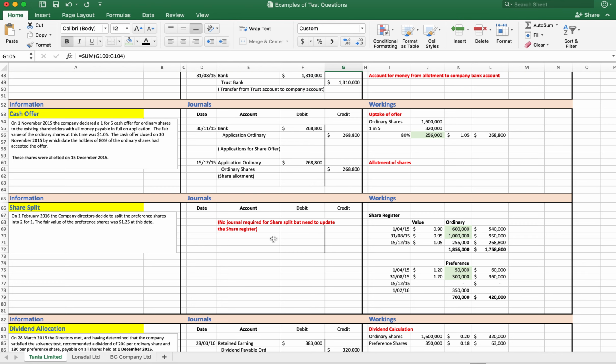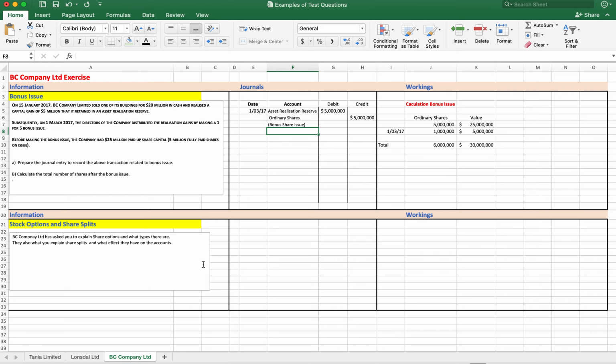Obviously, where it says how many shares there are, it's going to say there's a larger amount. Okay, but the paid up, the dollar terms for the capital doesn't change. It's just the number changes, right? So here the preference shares went from 350,000 up to 700,000.